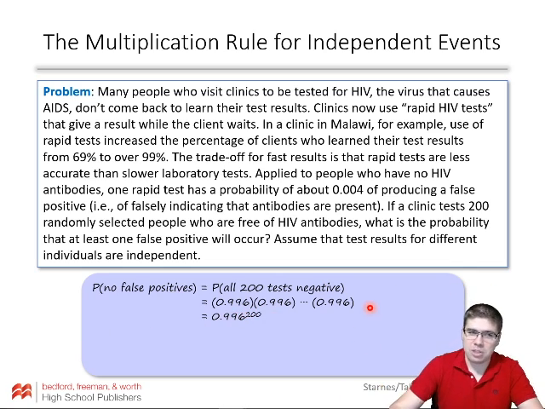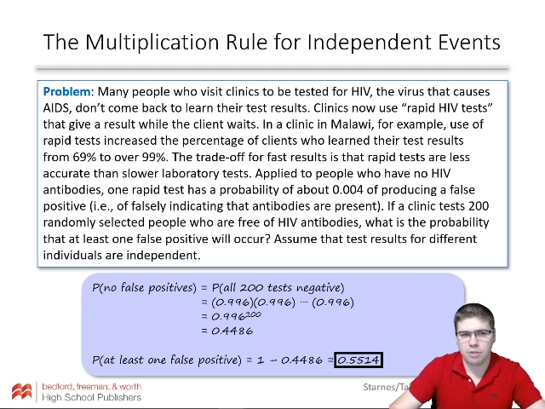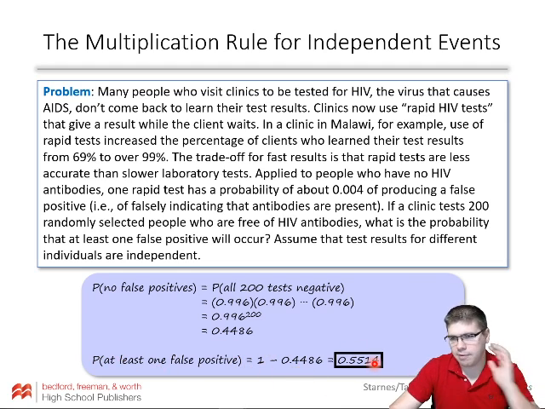Ultimately, the probability that we get no false positives is only 44.86%. It's kind of a toss-up. That means the probability that you would get at least one false positive out of 200 is 1 minus that, or 0.5514.